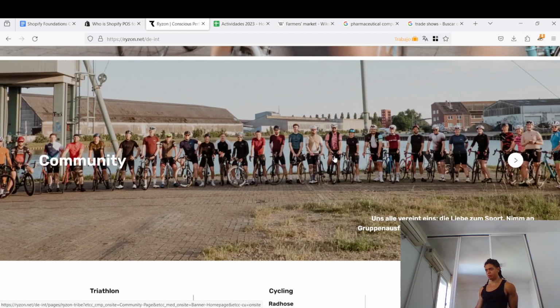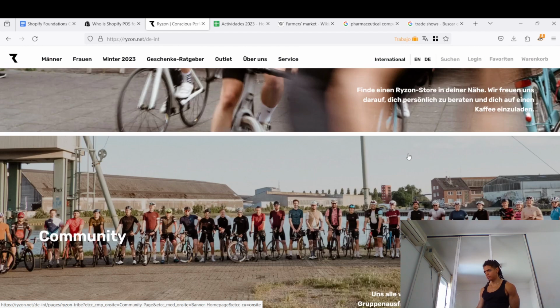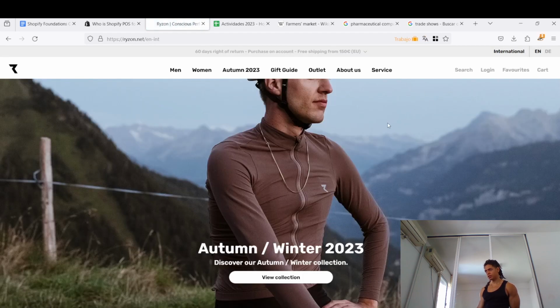And because they promote a community of athletes. Interesting. International: Germany, Switzerland, the US. Exactly. It's like Latam doesn't exist. China, Australia, Middle East.